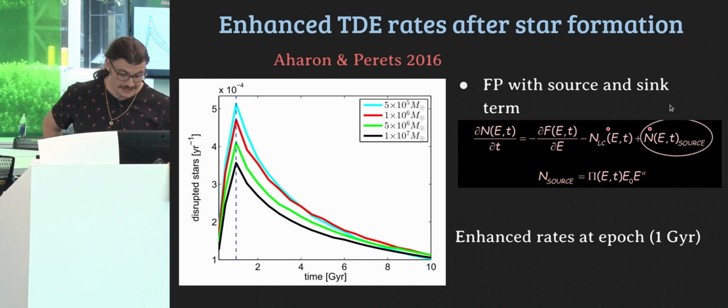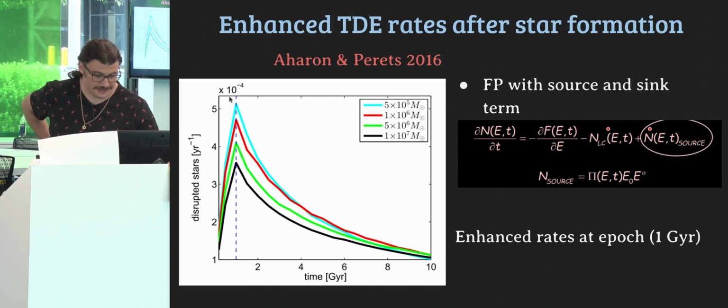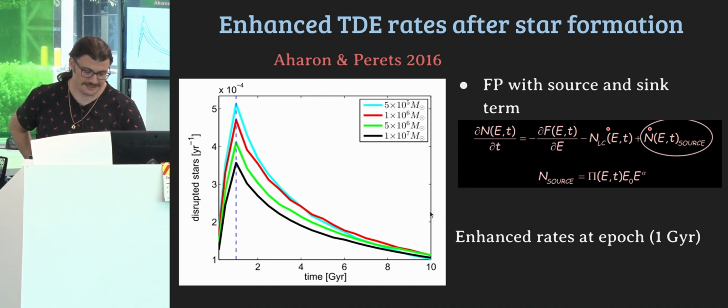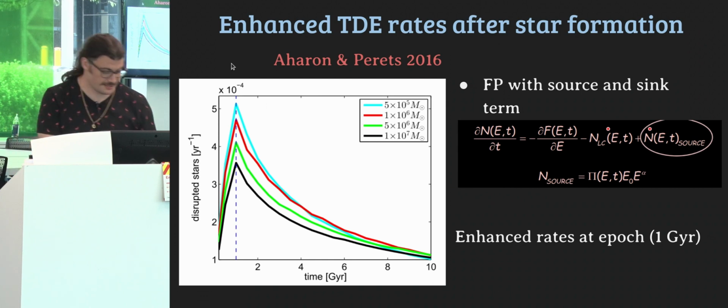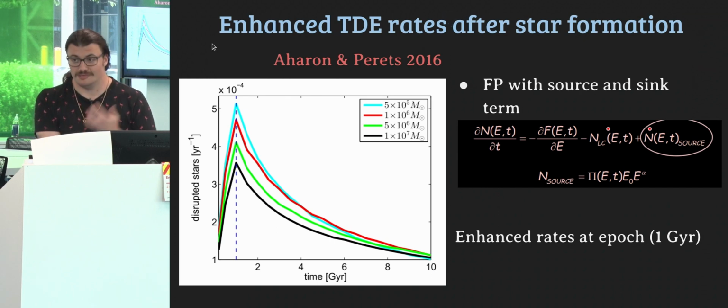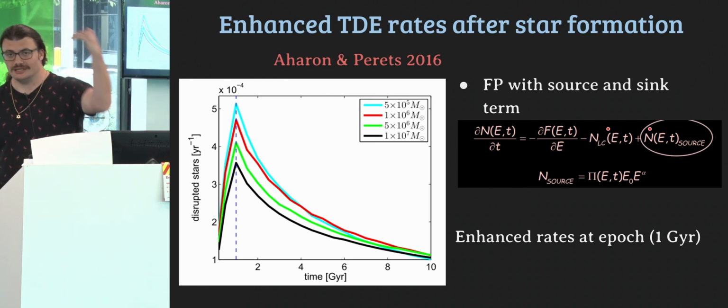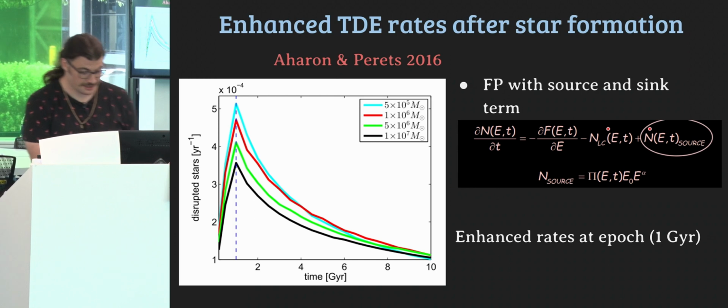At least in this case, I think you form stars in the first gigayear, and then you don't. That was the idealized case here. Essentially, the rates start very fast, and then slowly decay to the nominal rate. So maybe there's something to it: if you have some starburst, you do expect an enhanced rate, but it will die out eventually.